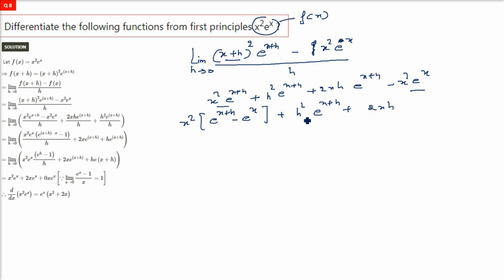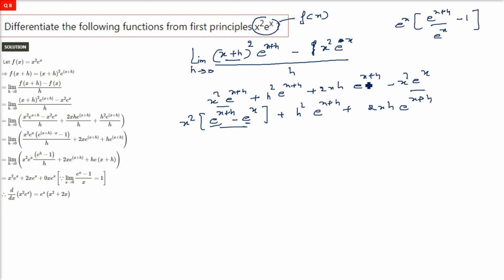There is no commonality here, so let us see this one. Now this is what we have solved earlier also, e raised to the power. Whatever we do, we will take the second term common. So when you take e raised x common, it will be e raised x plus h divided by e raised x, minus 1.